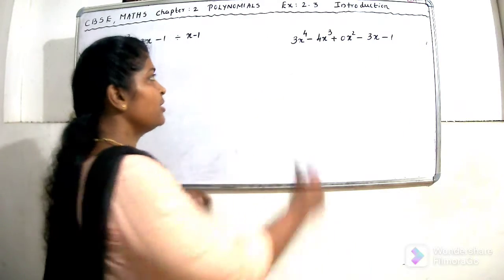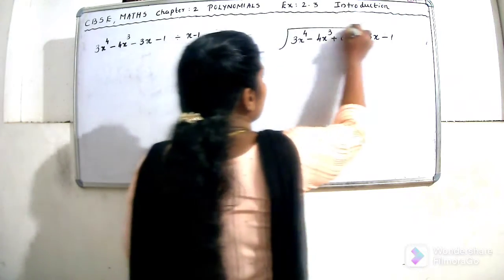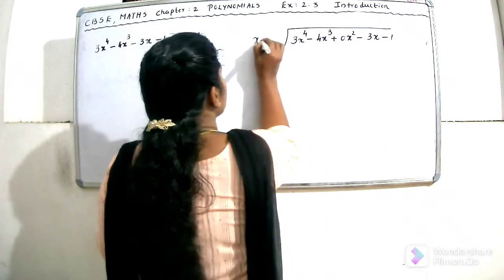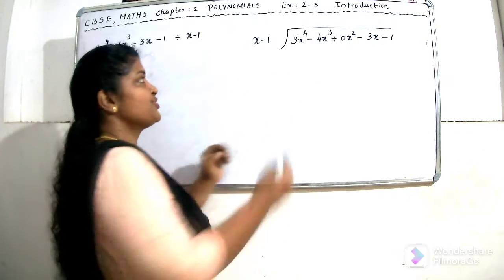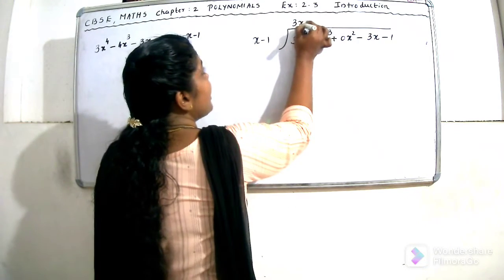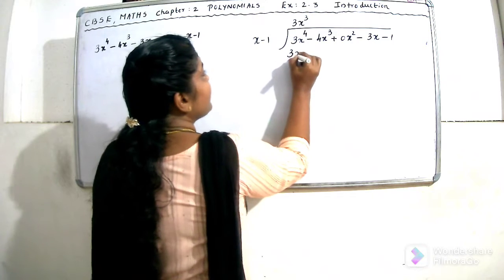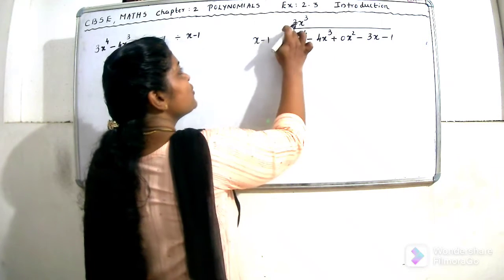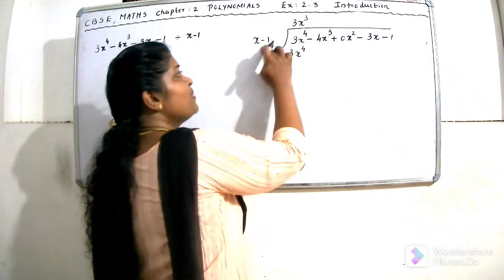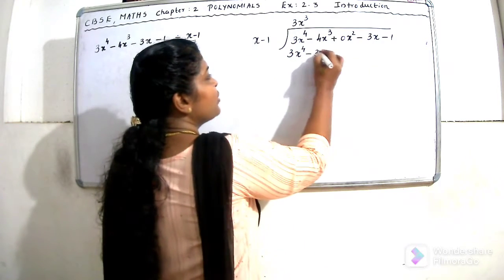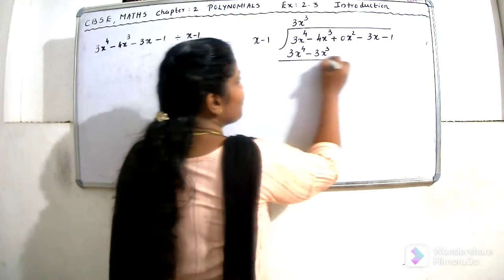Now we are starting the division, dividing by x minus 1. As usual, to get 3x raised to 4, we take 3x cube, because x into 3x cube is 3x raised to 4. 3x cube into negative 1 is negative 3x cube.